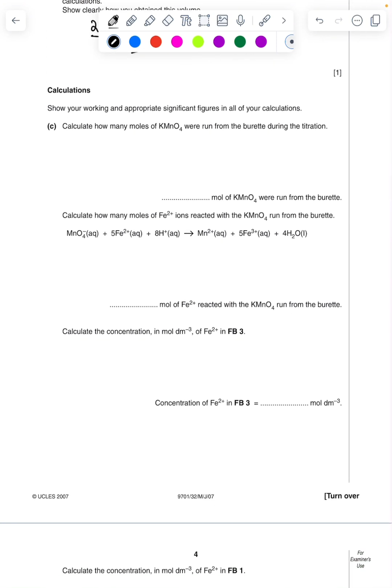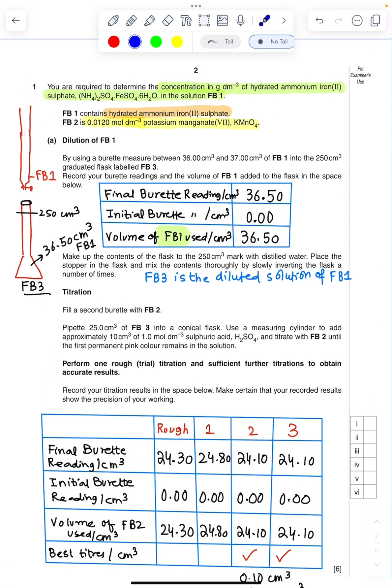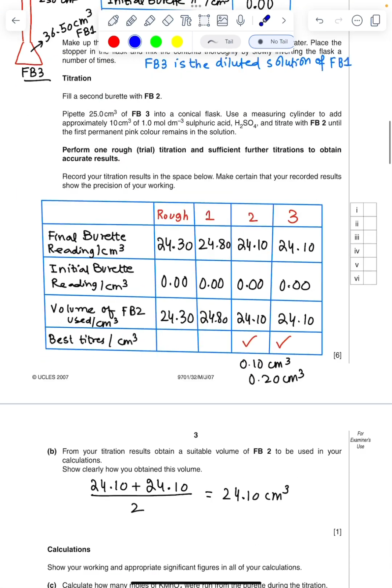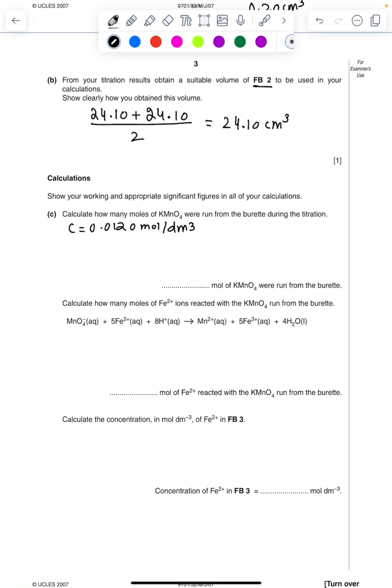The very first part says that calculate the number of moles of KMnO4. So you can see that in order to find the number of moles of KMnO4, we are provided with the concentration of KMnO4, which is 0.0120. So I can use it here, 0.0120. This concentration is given to us. And again, the volume of FB2, this FB2 is actually your KMnO4.